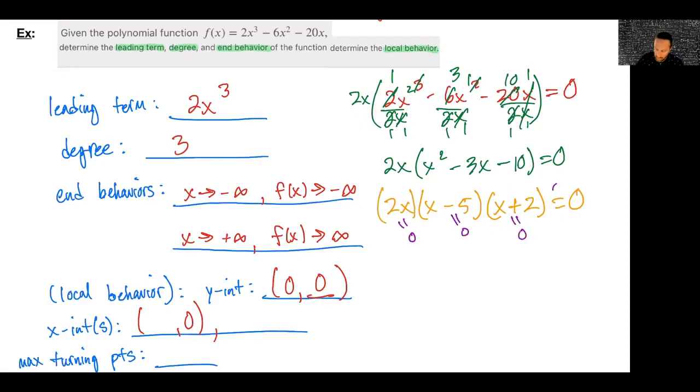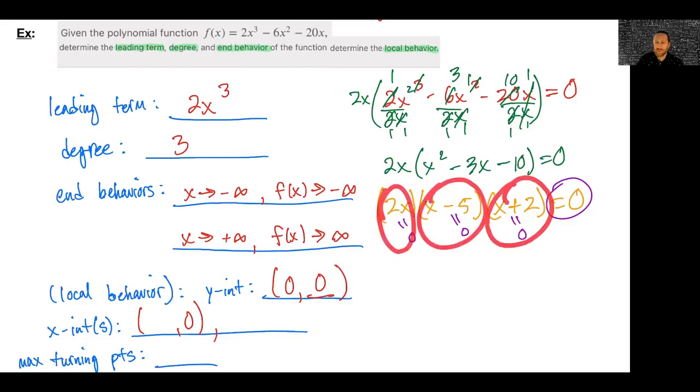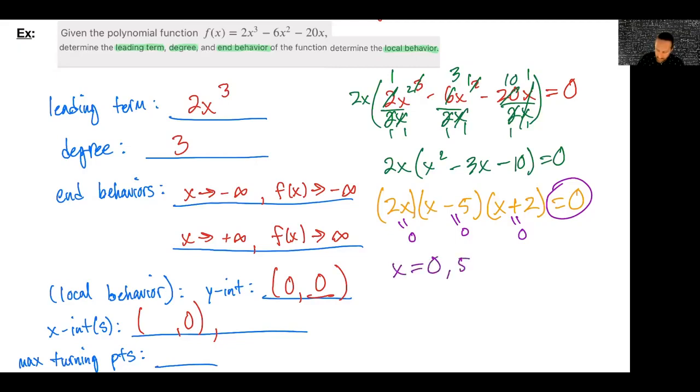And so therefore, there are 3 possibilities to making this thing equal to 0. And that's when 2x, x minus 5, and x plus 2 equal 0. So that yields an answer of 0, 5, and -2. So I actually have 3 zeros or x-intercepts. So I'm going to need all 3 parentheses.